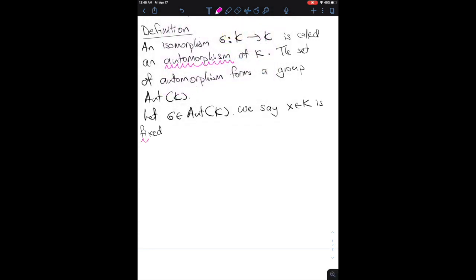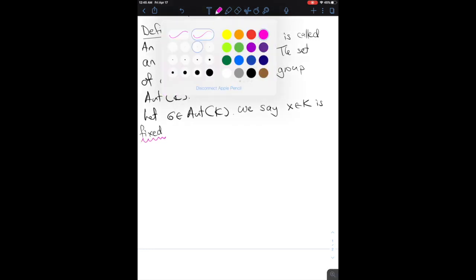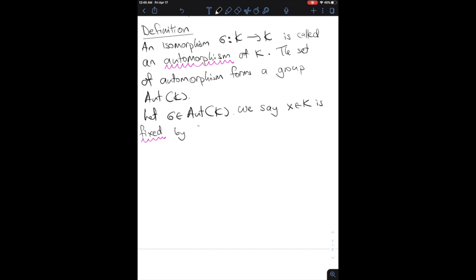So we say some element x in K is fixed by the automorphism sigma if sigma takes x to itself.